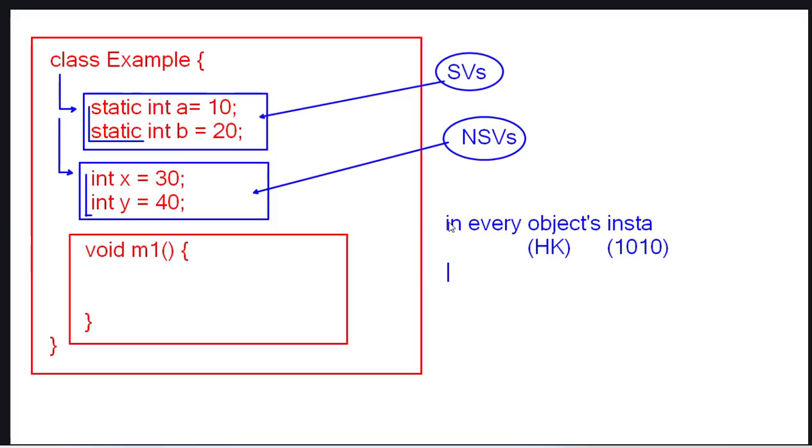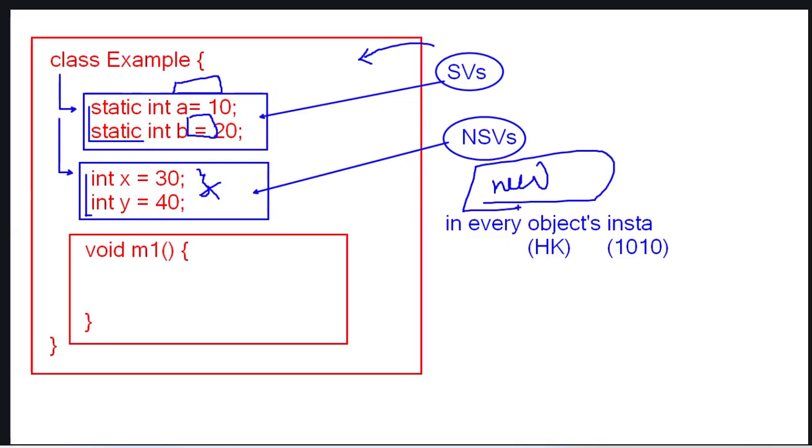When will the memory be provided? Static variable memory is provided when the class is loaded into the JVM. When the class is loaded into the JVM, the JVM immediately provides memory for the A variable and B variable. Will it provide memory for non-static variable XY? No. It provides memory when a new object is created by using the new keyword.